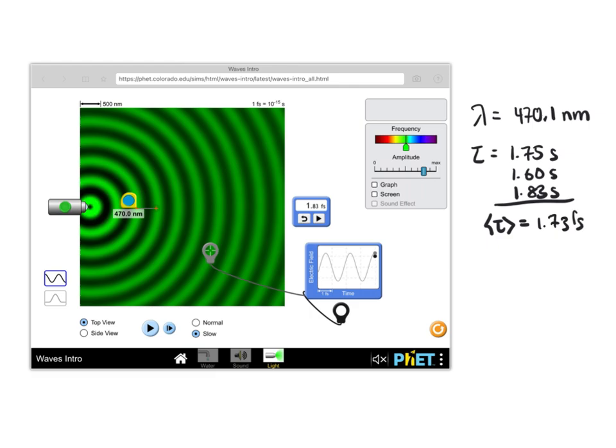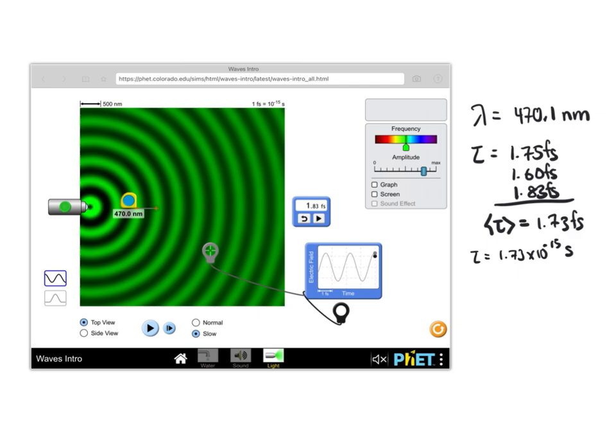Sorry, femtoseconds. These are all femtoseconds because that measurement is in femtoseconds. So the period is equal to 1.73 times 10 to the minus 15 seconds, because femto is 10 to the minus 15. If I replace the F for femto by times 10 to the minus 15, I get the period in seconds.